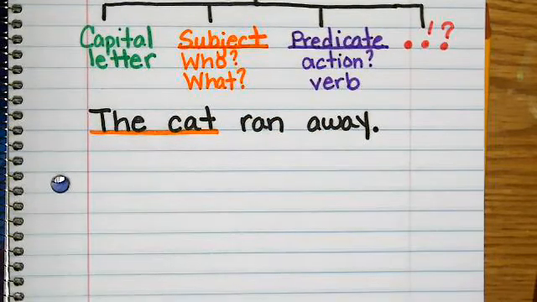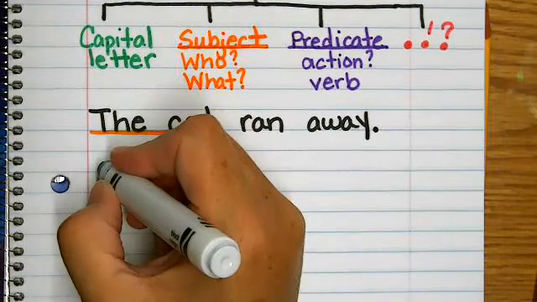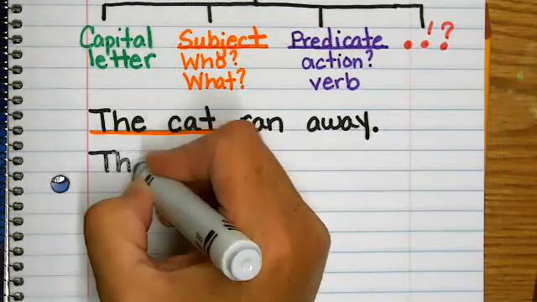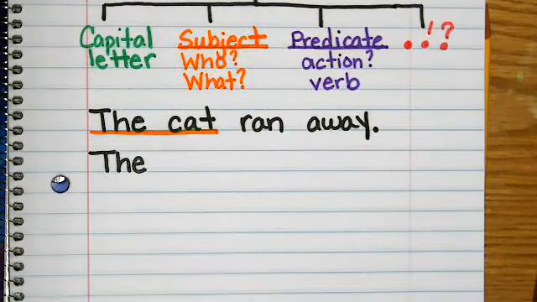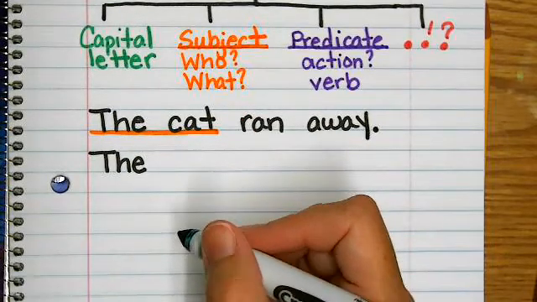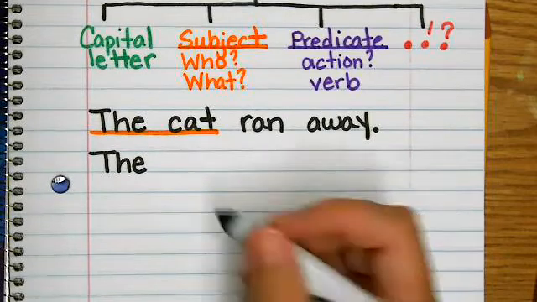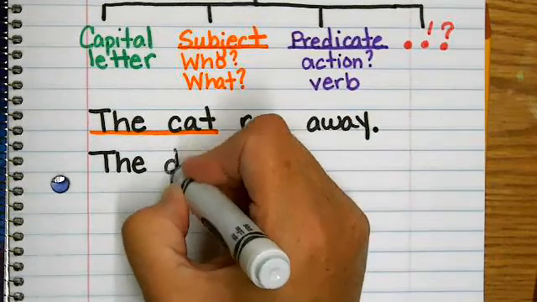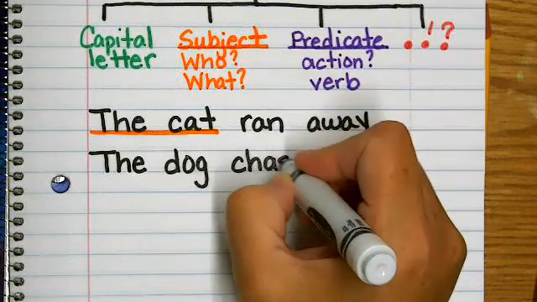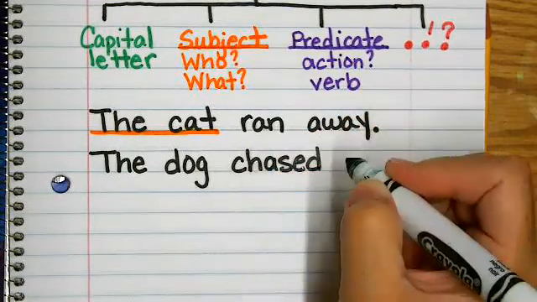Next sentence. And yep, you're writing all of this down. If you want to use color for underlining, you can do that. But it's best if you write the sentences in pencil in case you make a mistake. The dog chased it.